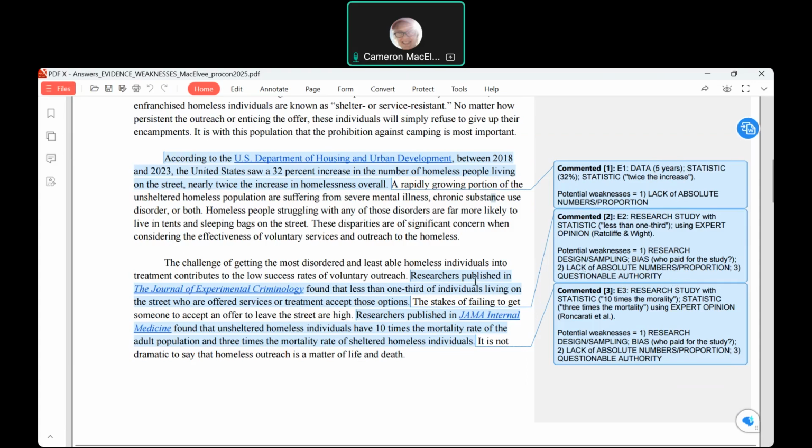In terms of the statistic that he reports out, in this case, this statistic is potentially weakened by the lack of absolute numbers or proportion. Now, he's not reporting a mean, so we don't have to worry about confusing the mean. The third possible weakness, based on Ratcliffe and White as the expert's authority, is that they could be questionable authorities.